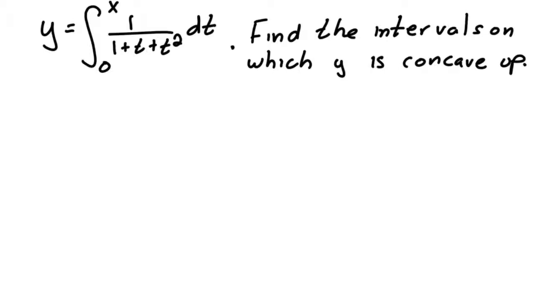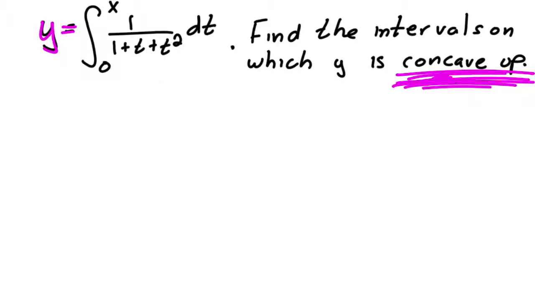Okay, so this is a pretty interesting problem. We have a function y equals the integral from 0 to x of 1 over 1 plus t squared. And it's asking to find where it is concave up. Now that's just bananas. I mean, what does this have to do with the concavity stuff? But really, this is just like any other function, right?